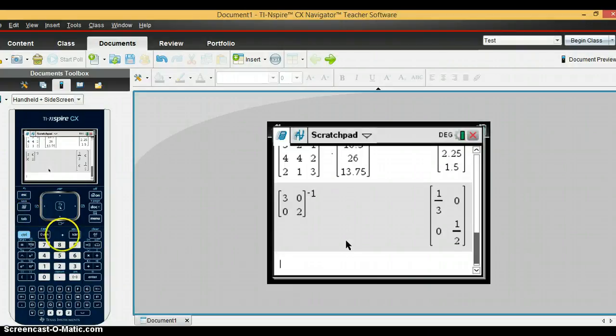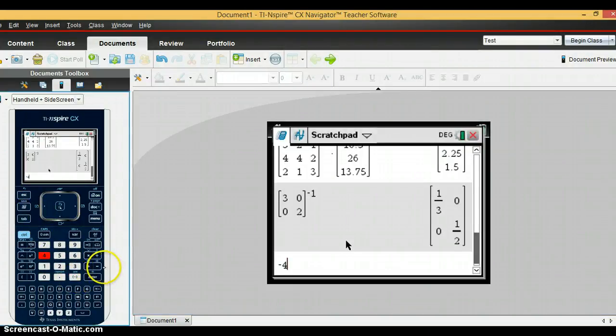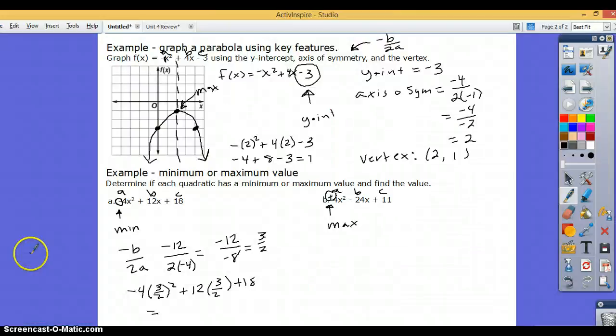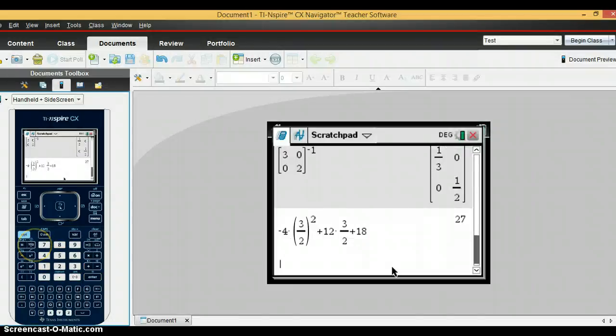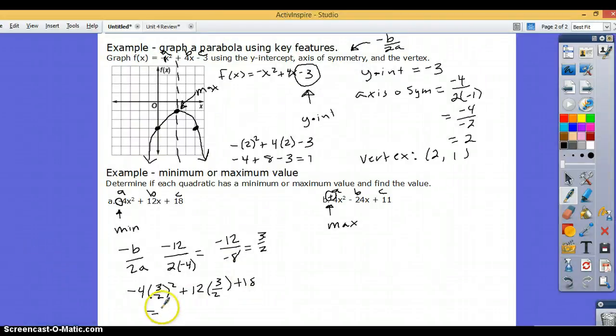We have negative 4, then inside parentheses 3 divided by 2, squared, plus 12 times the quantity 3 divided by 2, plus 18. That gives me 27. So my y is 27. So this is my max or my minimum value.